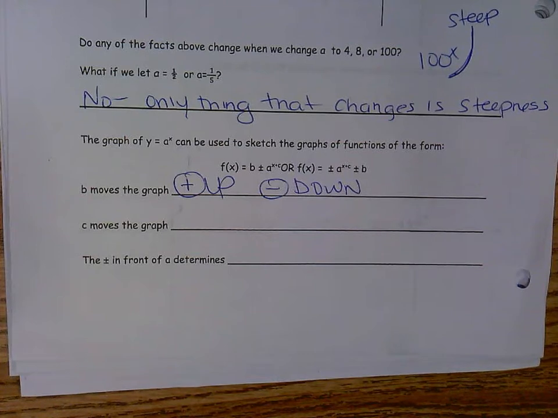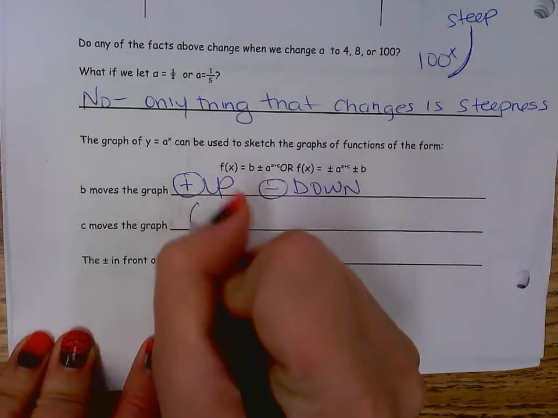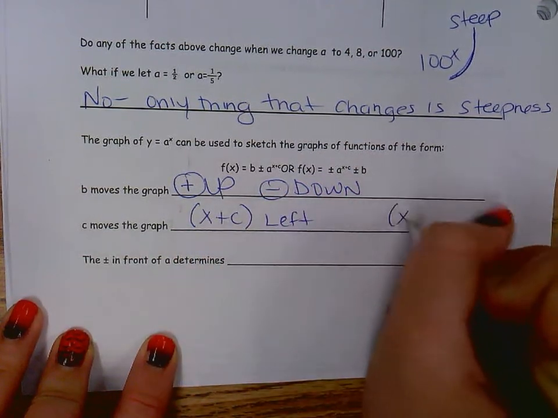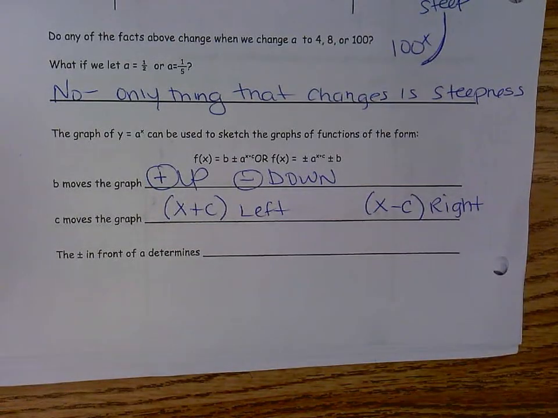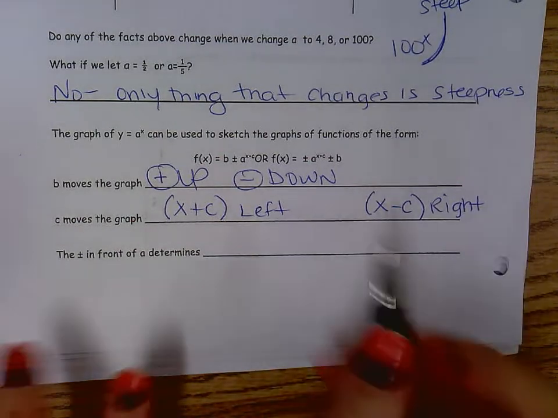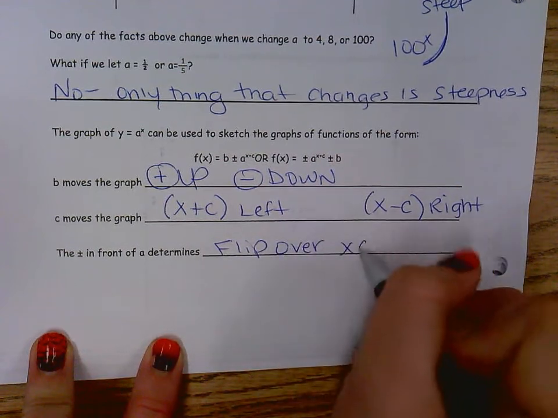And then see how the C value is inside with the X. So X plus C would move left, X minus C would move right. X plus C, X minus C. And then it says the plus or minus in front determines a flip over the x-axis.